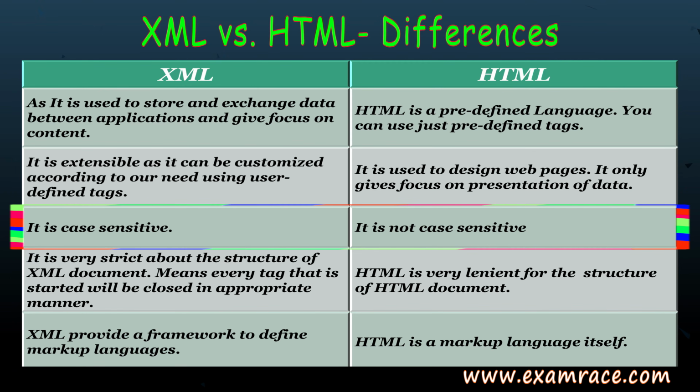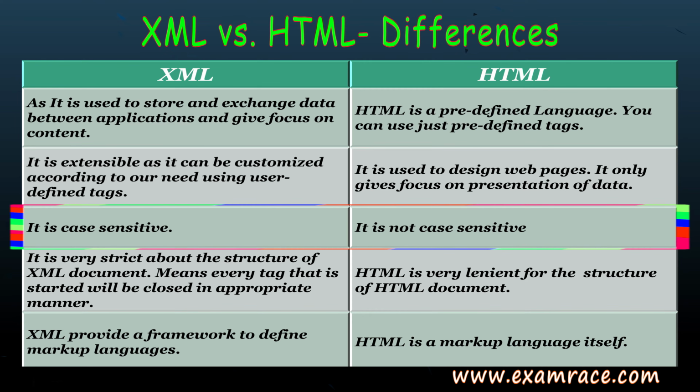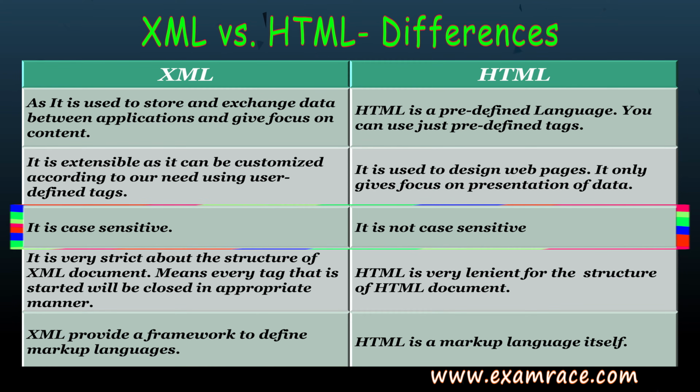We can use the opening tag as lowercase, and the closing tag can be in lowercase or uppercase. So it really does not matter in HTML. But we really need to take care of these things in XML.